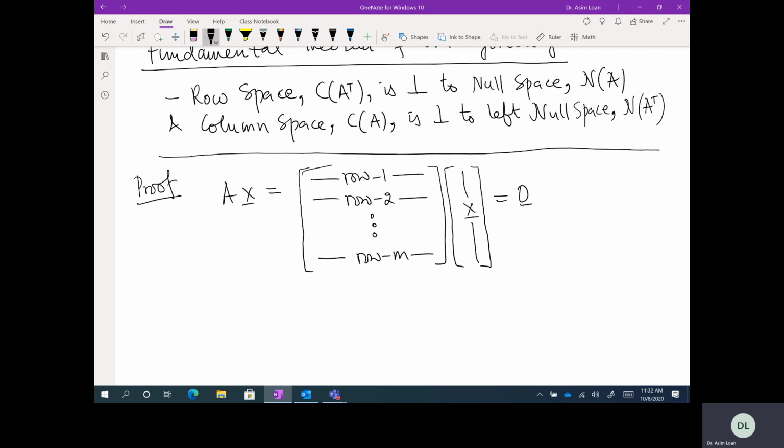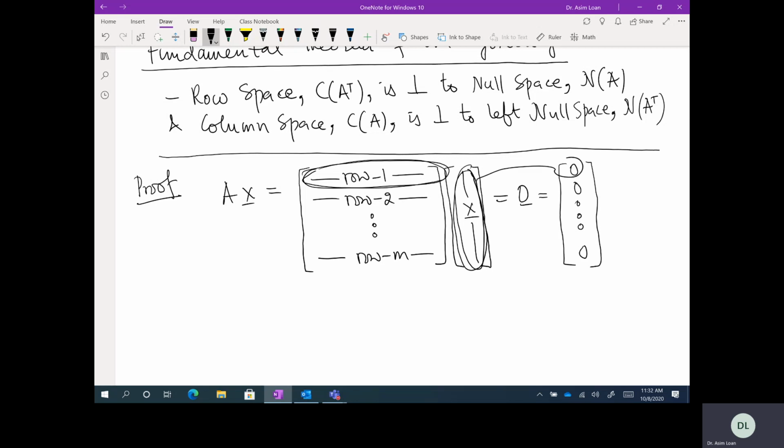So what you're doing is saying this row into this x equals zero, and this row into this x equals zero. So you say row i dot with vector x is going to give you 0.